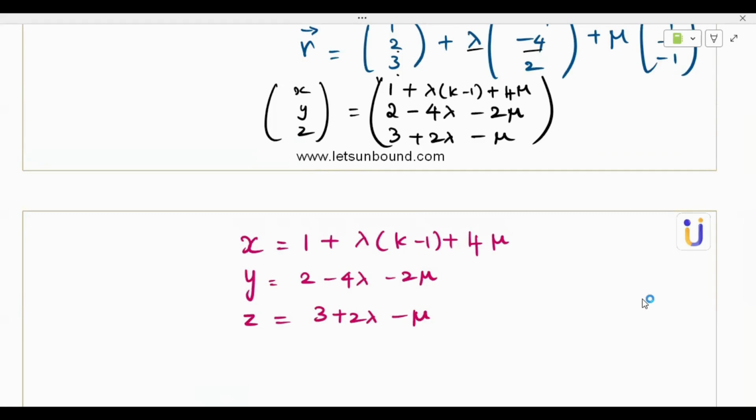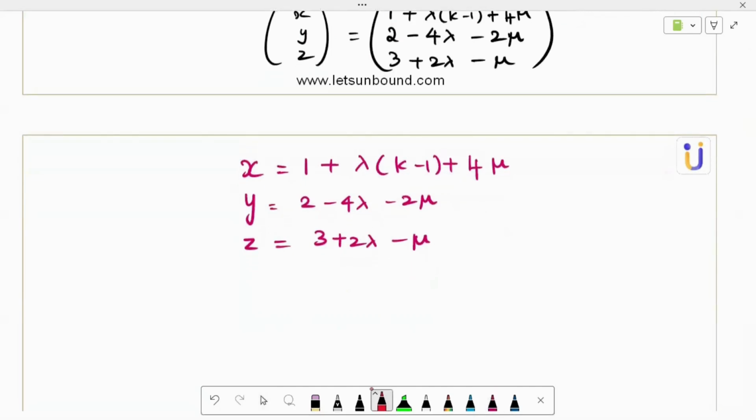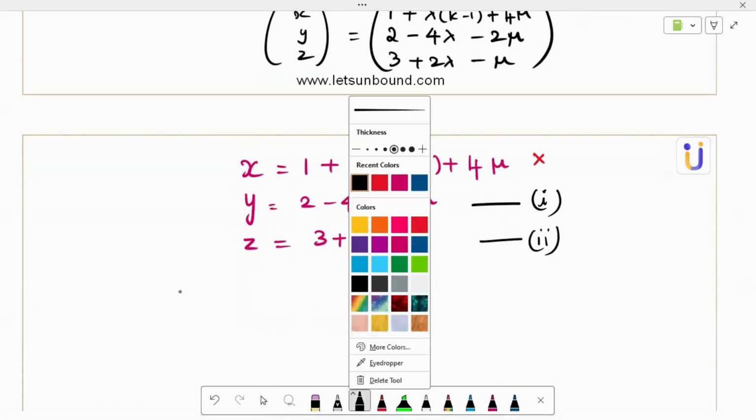Let me mark them, and I need to solve any two of these equations. But our aim is to eliminate both the variables. This is the problem: I need x, y, z, and lambda and mu have to be eliminated. I won't take the x equation because it already has a k in it. That's the problem, so let me focus on the other two. Let me mark them as 1 and 2. Okay, my aim is to remove both variables, that is lambda and mu.